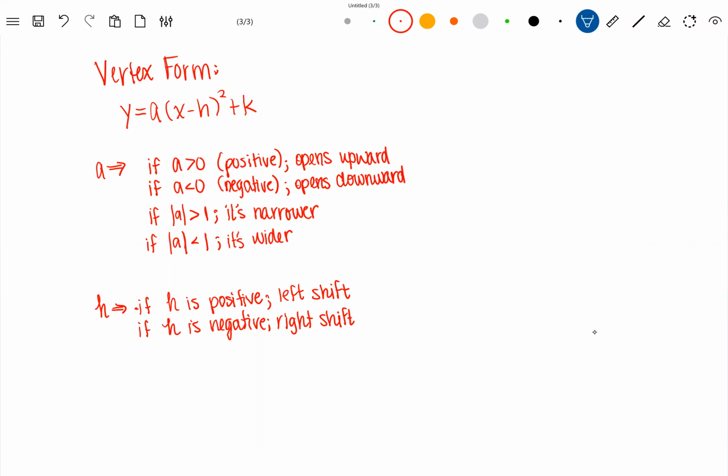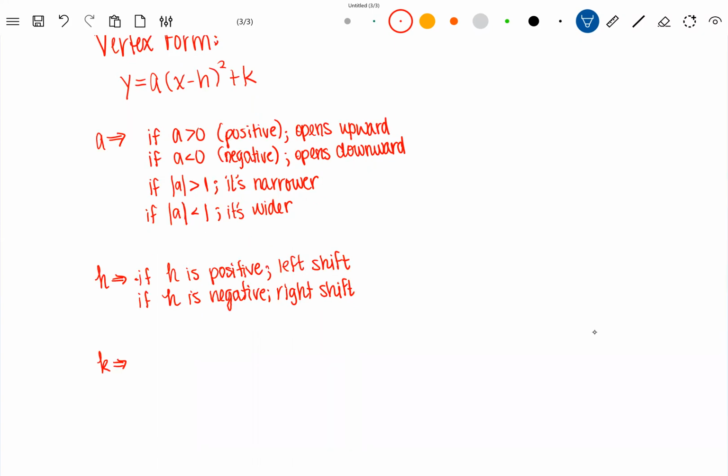And then k represents a vertical shift, up or down. So if k is positive, it's upshifted. And if k is negative, it's a downshift.